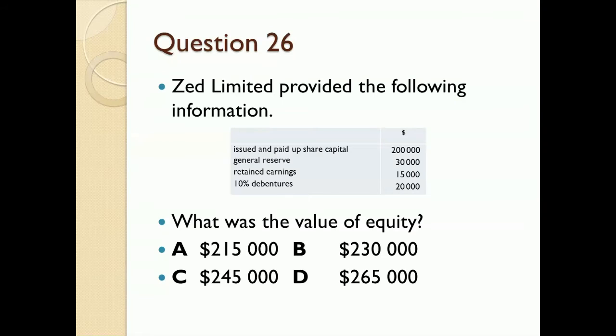So question number 26: Z Limited provides the following information: issued and paid up share capital, general reserve, retained earnings and 10% debentures. What was the value of equity?